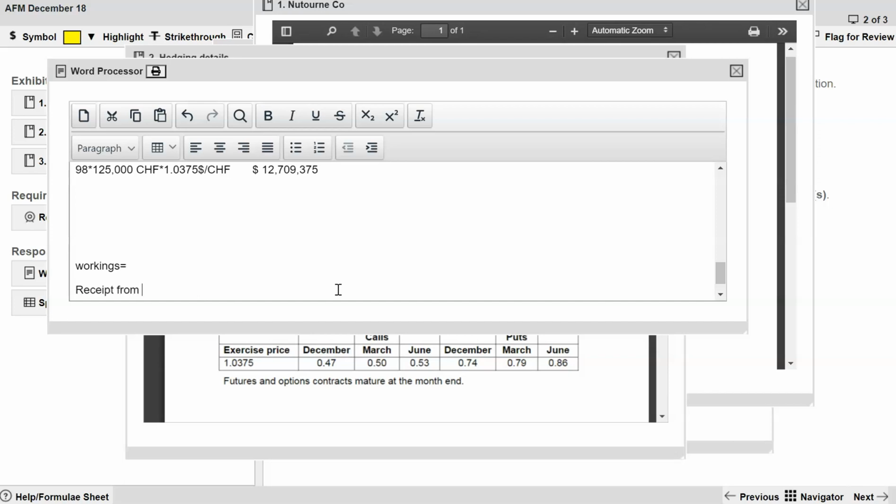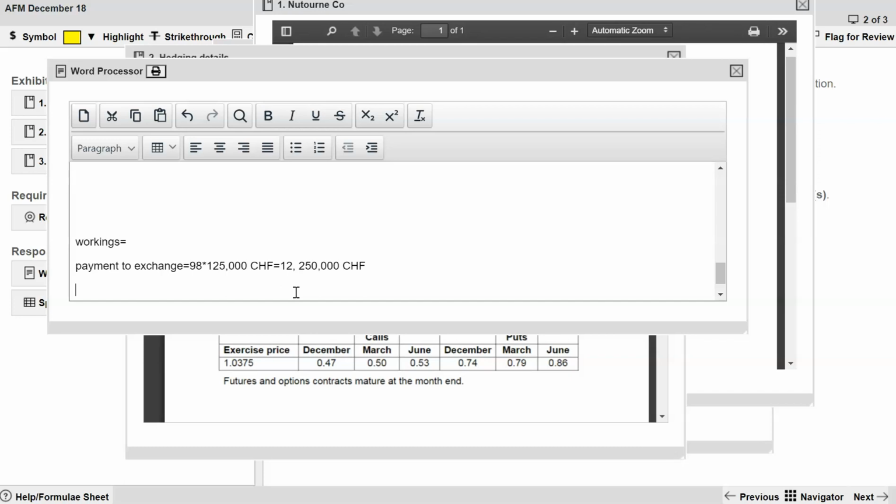From the exchange, I have done 98 contracts. One contract is of 125,000 CHF. So how much will I deliver as payment to the exchange? 12,250,000 CHF.